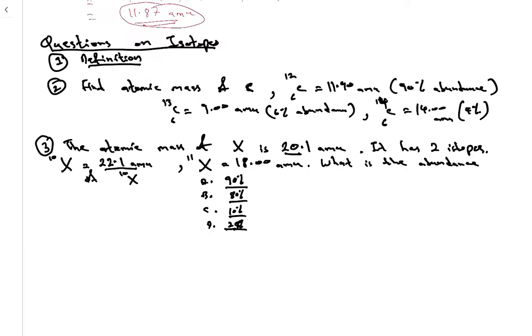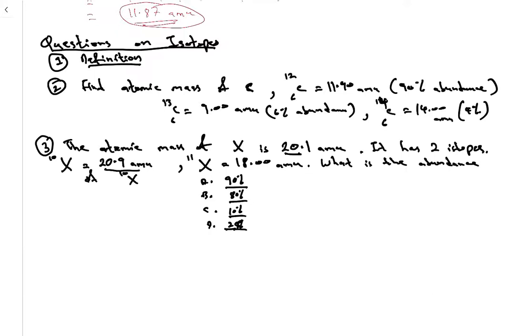I should make it even more dramatic so that I drive home the point correctly. Let's just make this 20.9. So you will notice that the isotope with mass number 10, weighing 20.9, is pretty close to 20.1. So you will know that this is the most abundant.